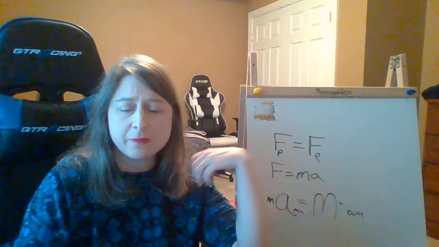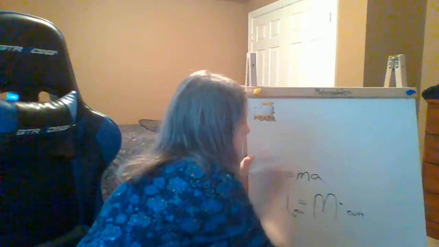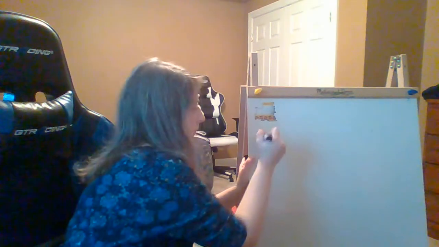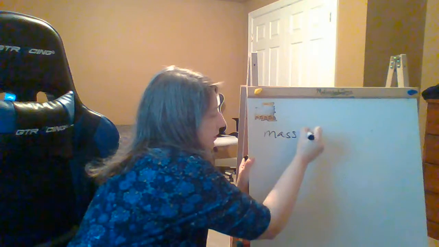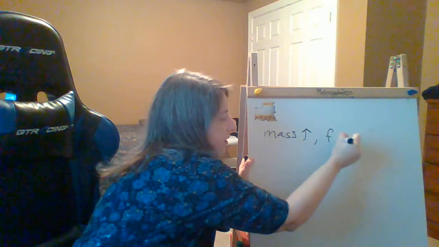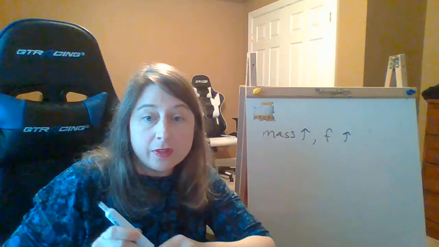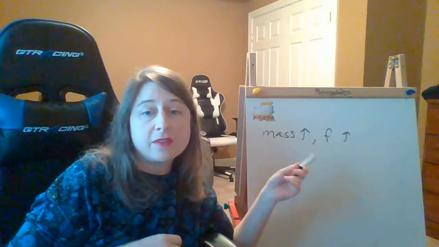So when mass increases, friction increases. And I'll always use a capital F for the pushing type force that I'm applying to something, and a lowercase f for frictional force.